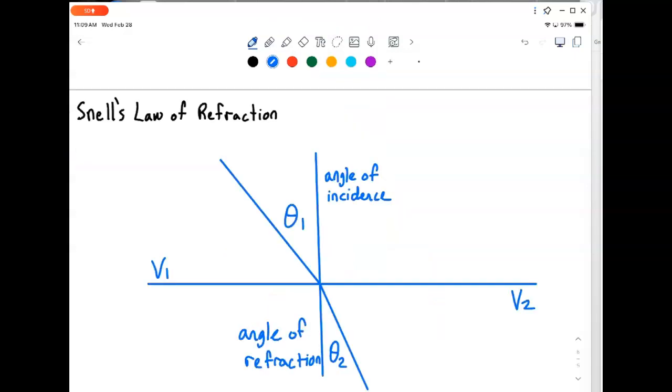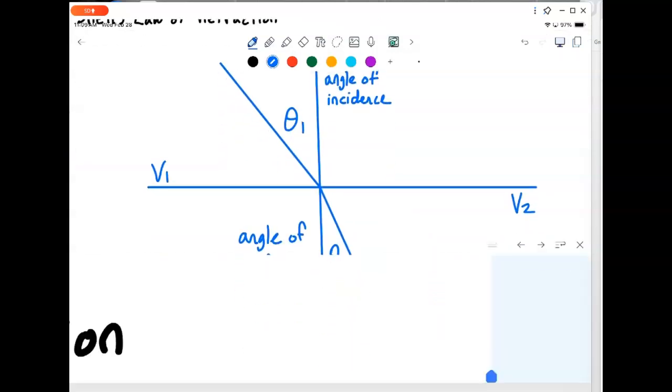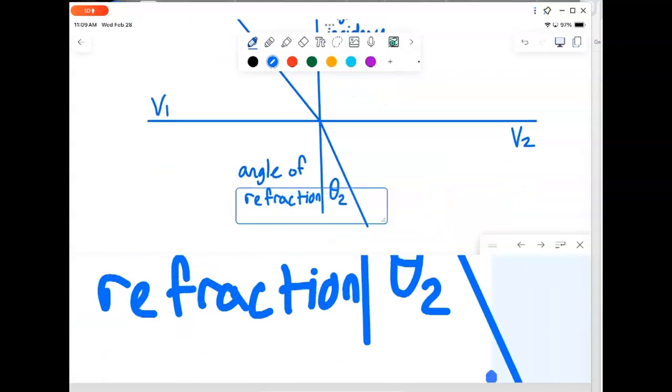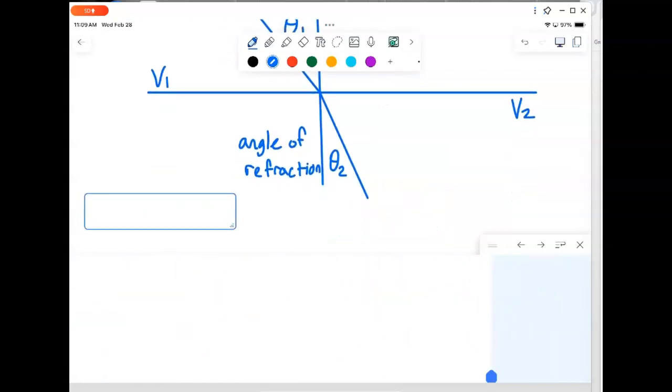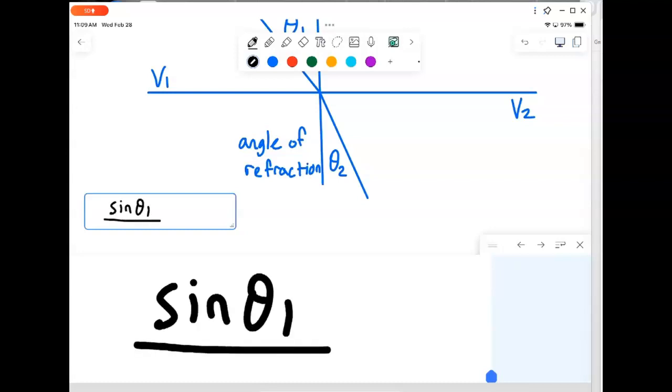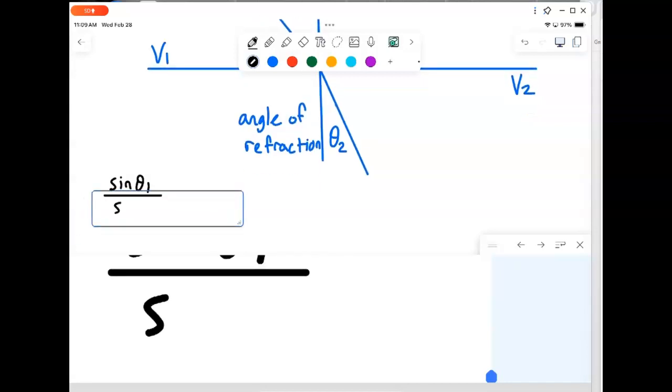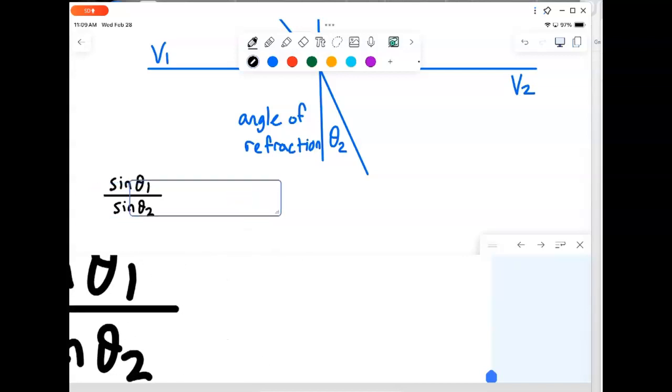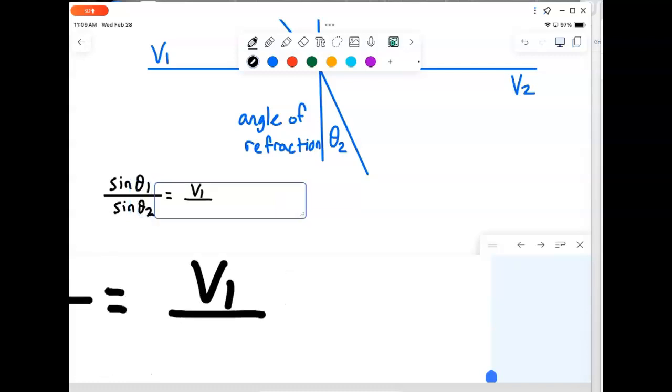And it turns out, quite remarkable, this behavior that we're going to have here, that the sine of theta 1 divided by the sine of theta 2 is actually equal to the velocity in the first medium over the velocity in the second medium.